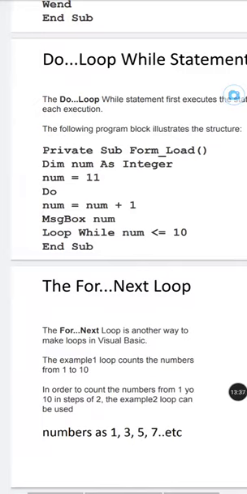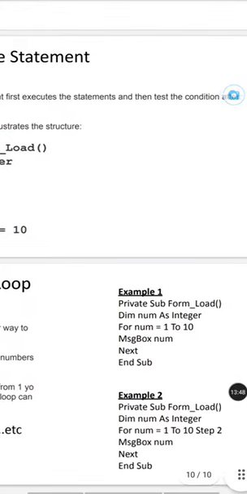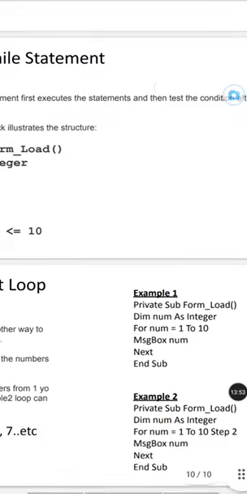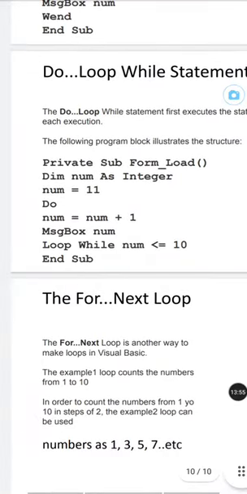If you execute the second example, numbers will be printed as 1, step 2 gives 3, 3 after step 2 gives 5, 5 after step 2 gives 7, similarly up to 9. It will stop at 9 because we have entered 1 to 10 only. Okay, this is the last looping statement.